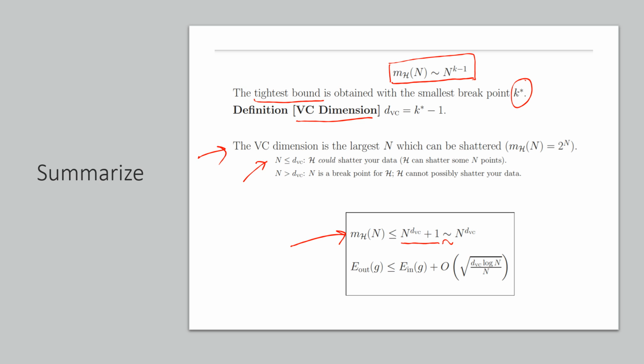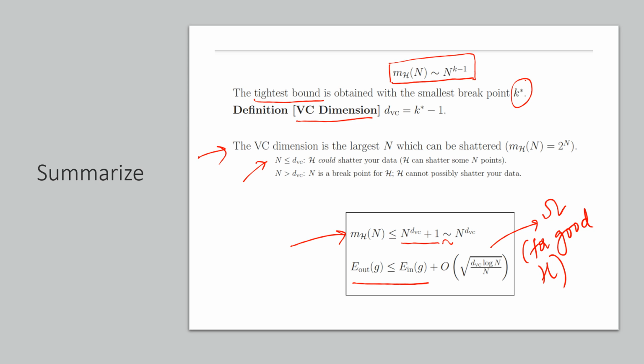And what does that mean for the relationship between E_in and E_out, which we've been really interested in understanding? The error bar, which was this omega term, is of the order VC dimension times log n over n, again for the good hypothesis sets we're talking about. So for all good H, this relationship holds true.